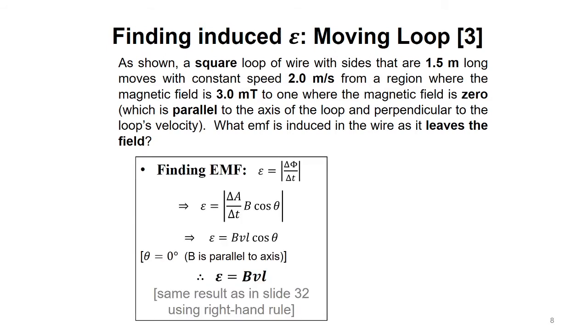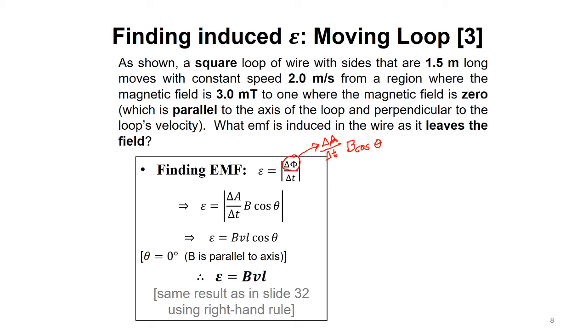Okay, continuing. So we use Faraday's law. EMF equals delta phi over delta t, and here like before, for delta phi we have only the area changing, so we'll replace delta phi by delta A over delta t times B times cosine of theta.